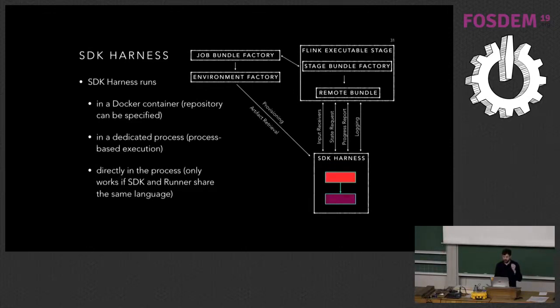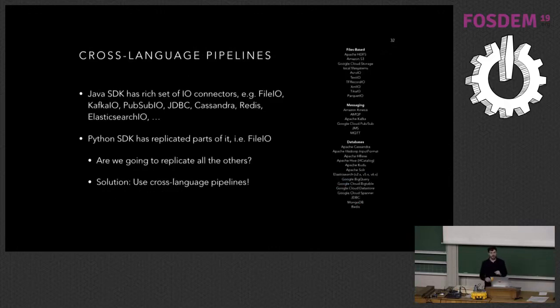So what is now missing, and kind of a problem, is that an SDK is only complete if you can read and write data, right? Because it's not really worth anything if we can support all the primitive transforms. We also have to be able to actually have the connectors, which we have in Java, in any SDK available.